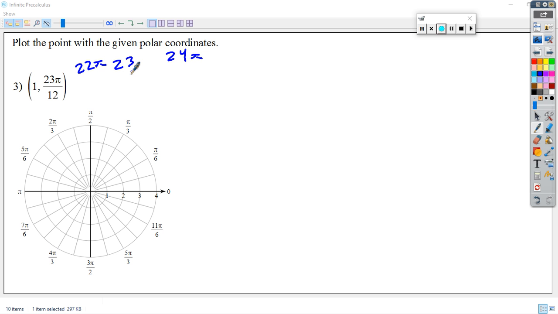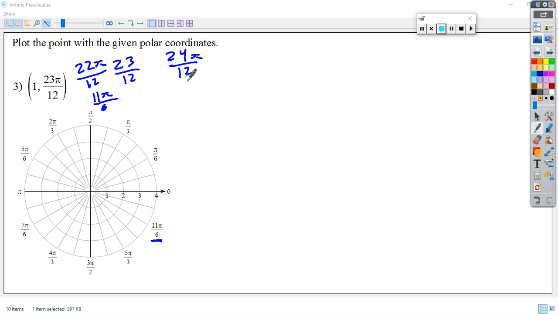So 23 pi over 12 is going to be in between 22 pi over 12 and 24 pi over 12. 22 pi over 12, I can divide both by 2 and get 11 pi over 6, which I see is right here.